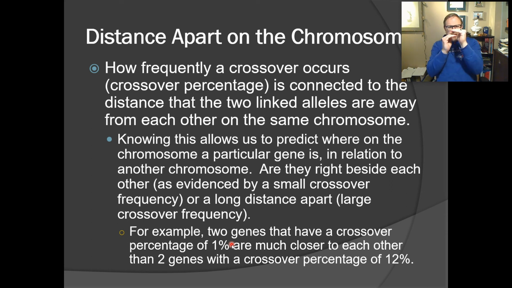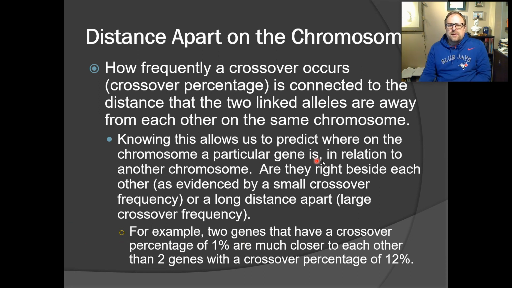The closer they are together, the much smaller the chance of them being separated from each other, right? If your chromosome is this big, but your genes are that close together, you've only got this much of your giant chromosome as possibility of separation. So high crossover frequency if they're very far apart, low crossover frequency if they're very close together.